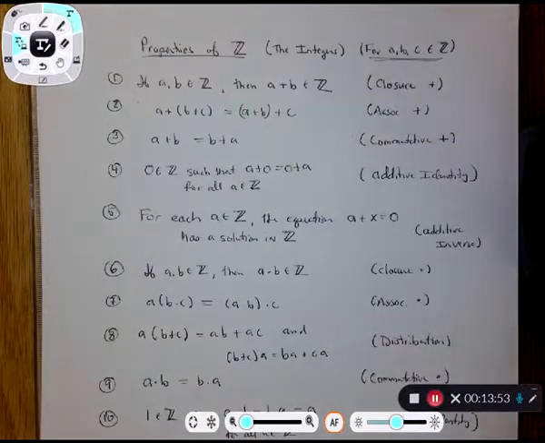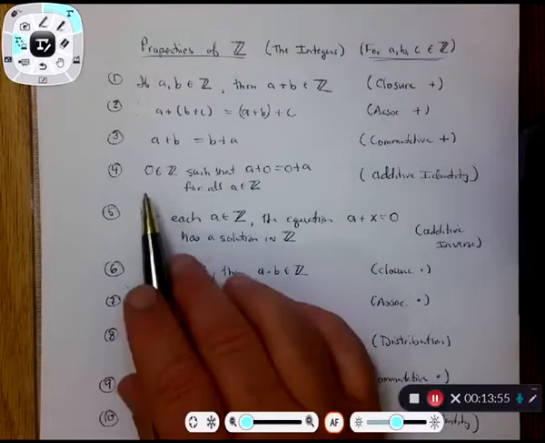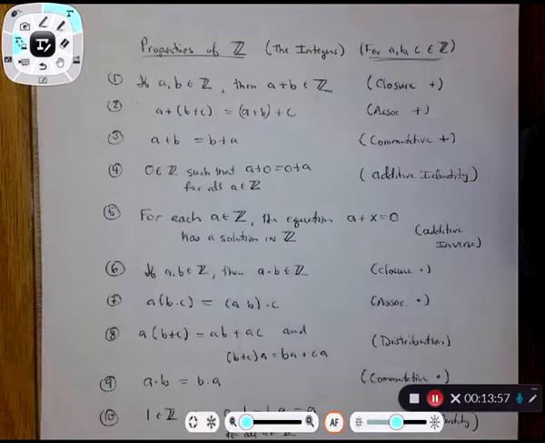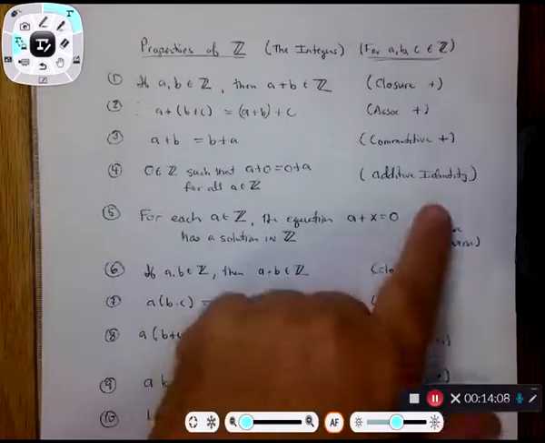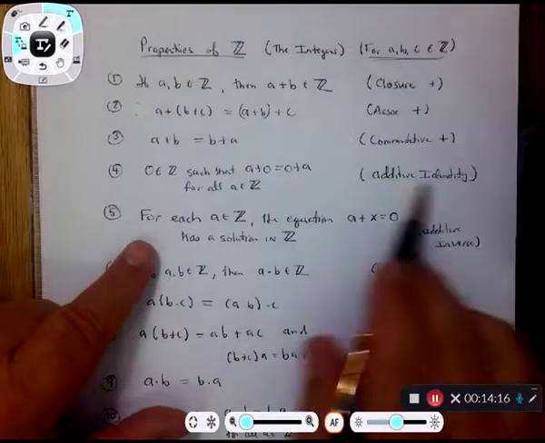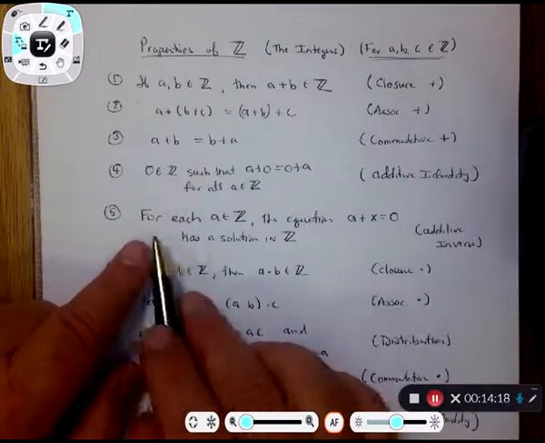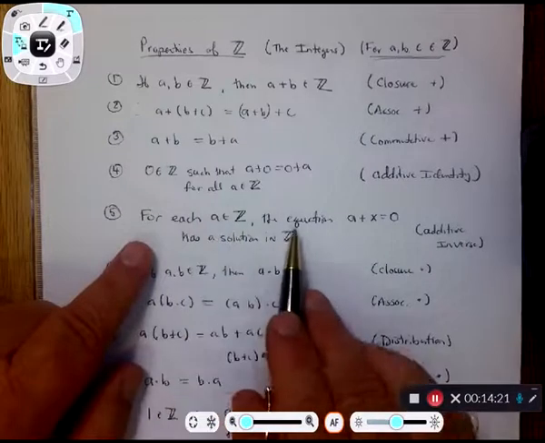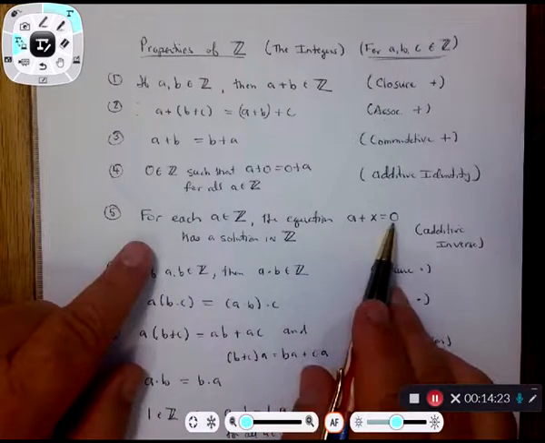Additive inverse is a little bit different in the way we write it up in Dr. Hungerford's book. There exists a 0 in Z such that A plus 0 equals 0 plus A for all A in Z. Now, for the inverse, that's called the additive inverse. See, the additive identity is 0. For each A, an element of Z, the equation A plus X equals 0.